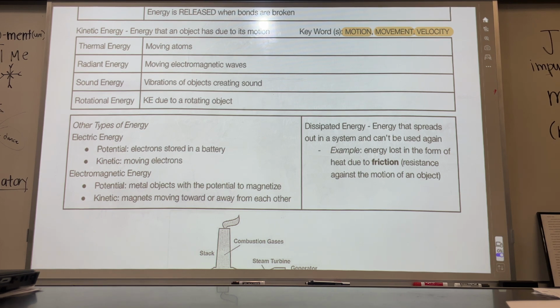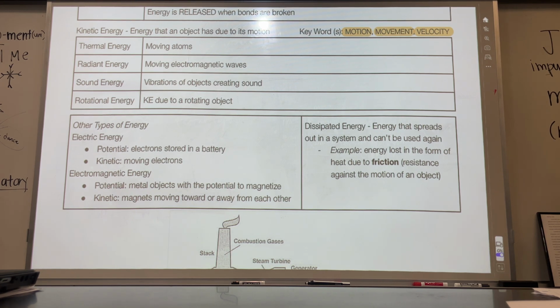There's also electromagnetic energy. So this one also has two forms. It has potential and kinetic. This is focused more on the magnetic side of electromagnetism. So the potential version of it is you have a metal object that can be magnetized, but currently is not.